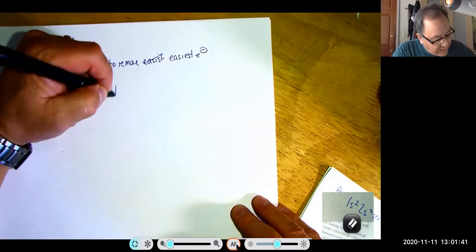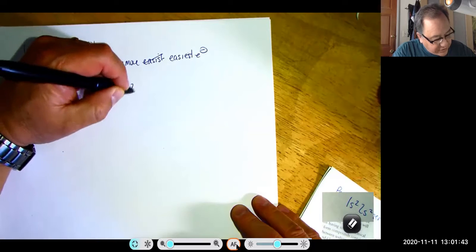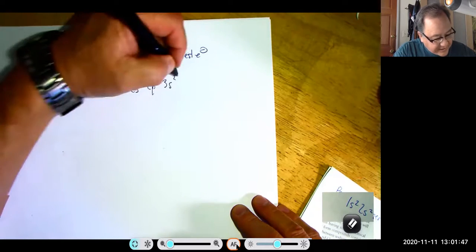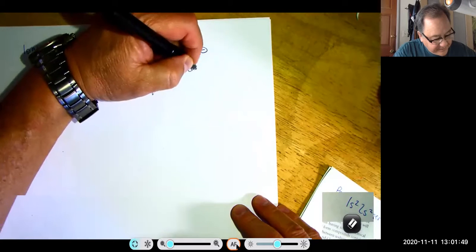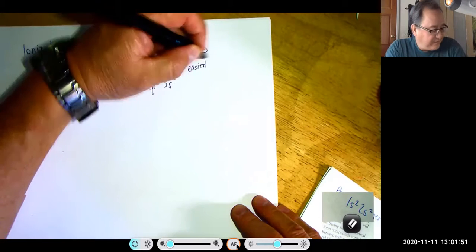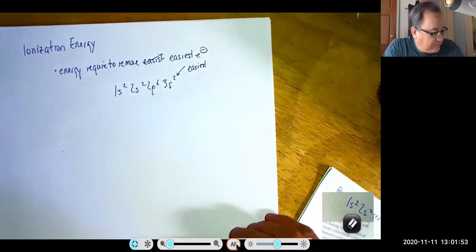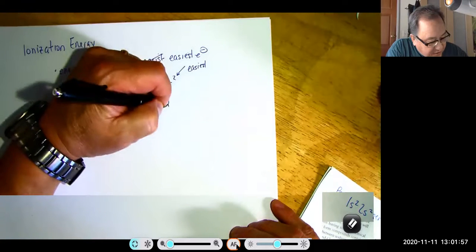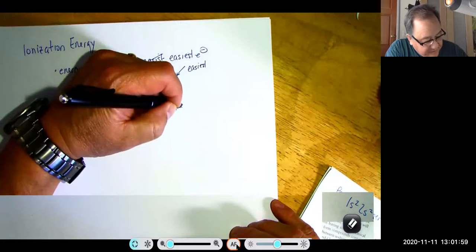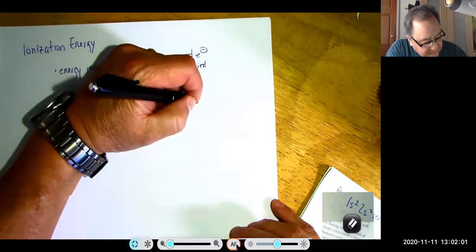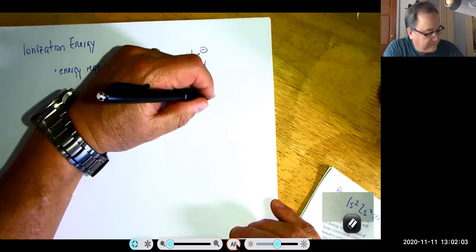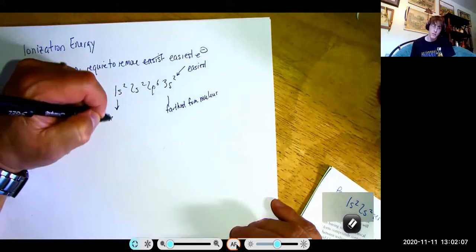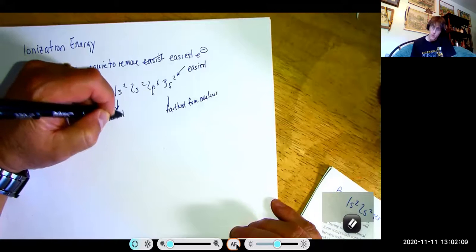So if you have 1s2, 2s2, 2p6, 3s2, the 3s is going to be the easiest. And why is it the easiest? Because it's the farthest from the nucleus. And why is this one the hardest? Because it's closest to the nucleus. That's right.